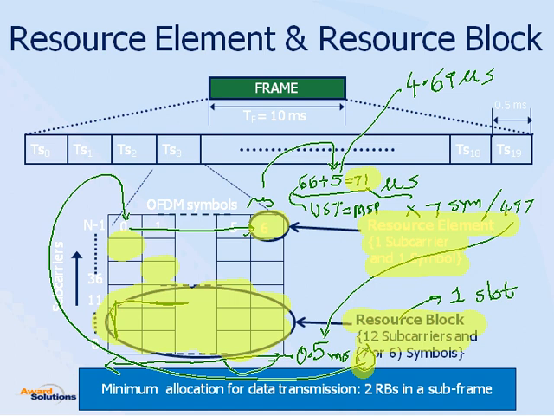One subcarrier and one OFDM symbol would be your one resource element. So if I have one resource block that has 12 subcarriers and 7 symbols, together I would have 12 multiplied by 7, 84 resource elements.